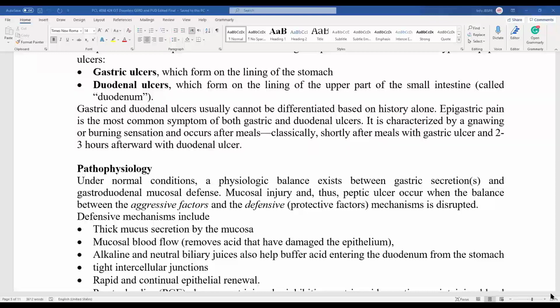But when there's mucosal injury, peptic ulcer can occur because the balance is now disrupted. So we have what we term aggressive factors and defensive factors. When the aggressive factors overpower the protective factors, then peptic ulcer can result.